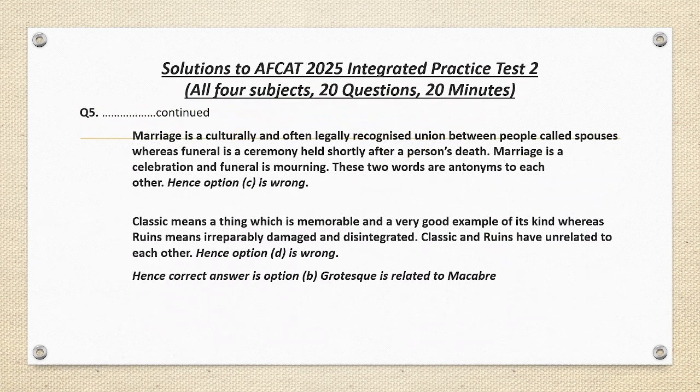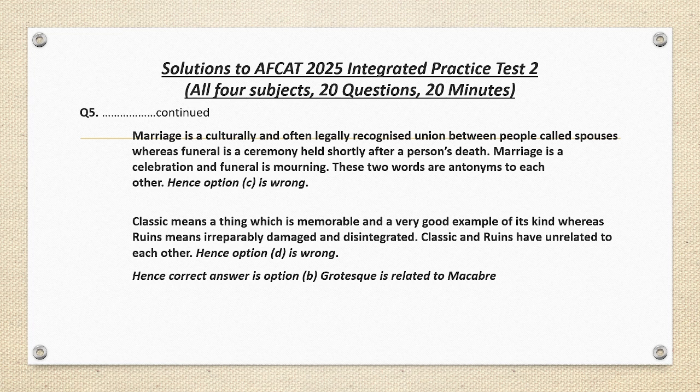Now, marriage, we know, it is a culturally and legally recognized union between people. And these people who get married, they are called spouses. And funeral is a death ceremony, right? Marriage and death, they are antonyms. So, option C is wrong. Next, option D, classic.